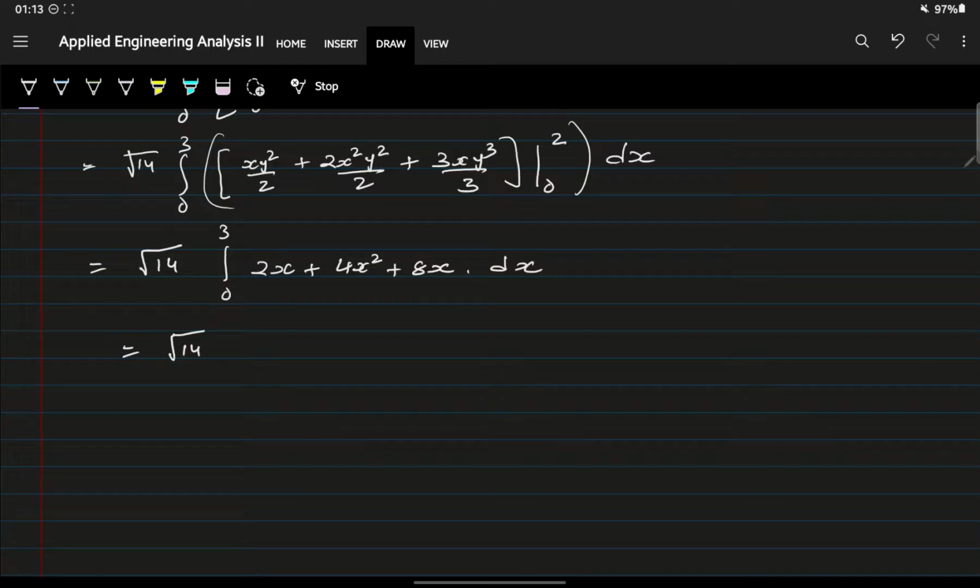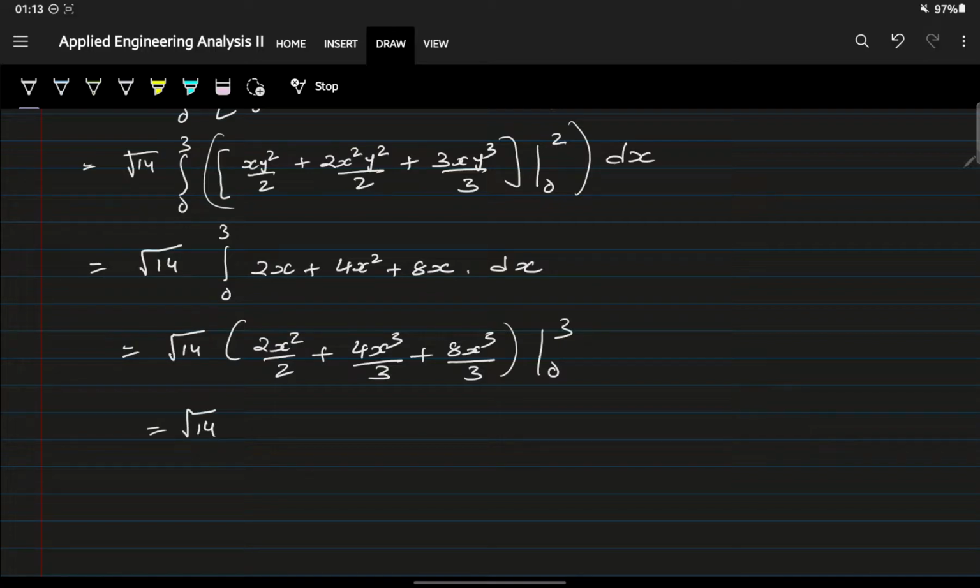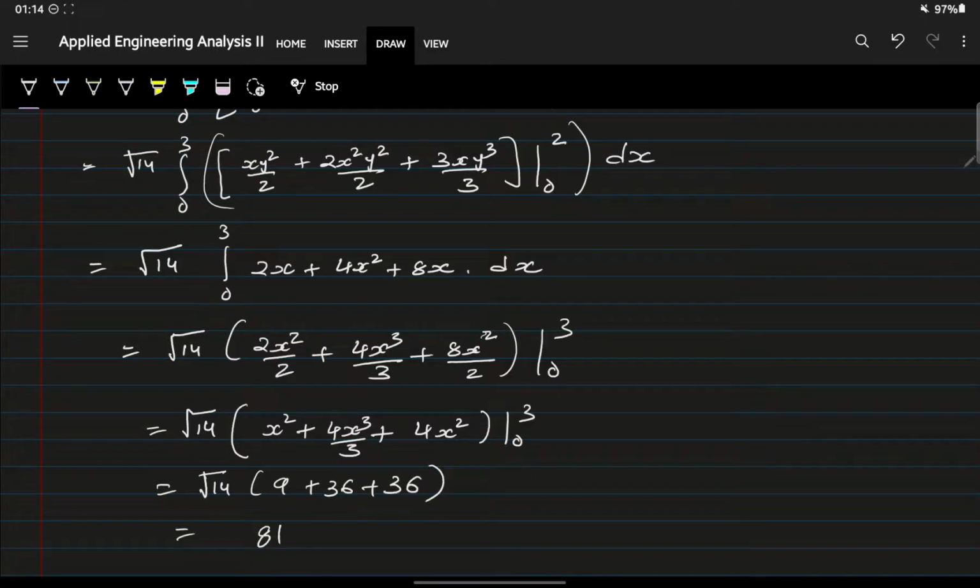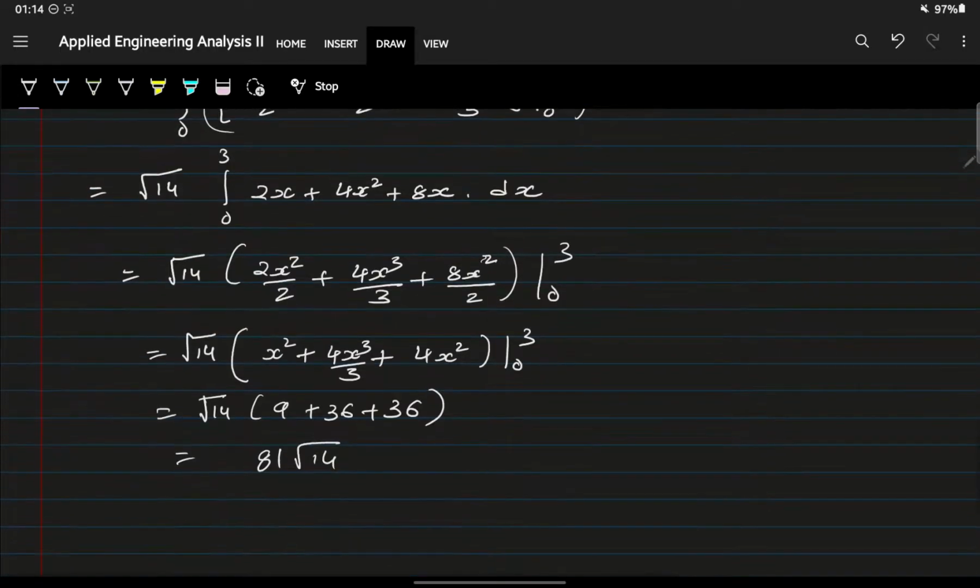and now taking the integral with respect to x, this gives us 81 times root 14.